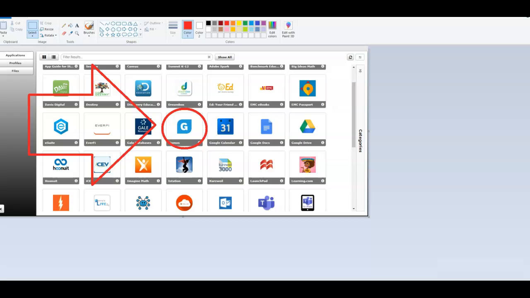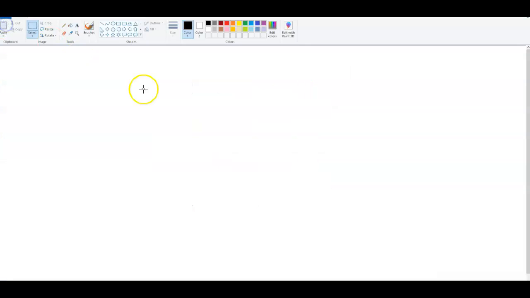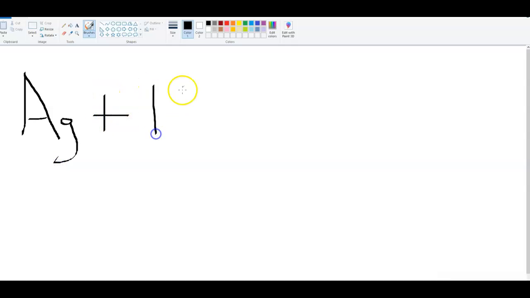Let me illustrate that here. I have silver, which is Ag. It's an element. When it combines with hydrogen sulfide, which is H2S, it's a gas. But when it's in the atmosphere with the water vapor, it becomes acidic.